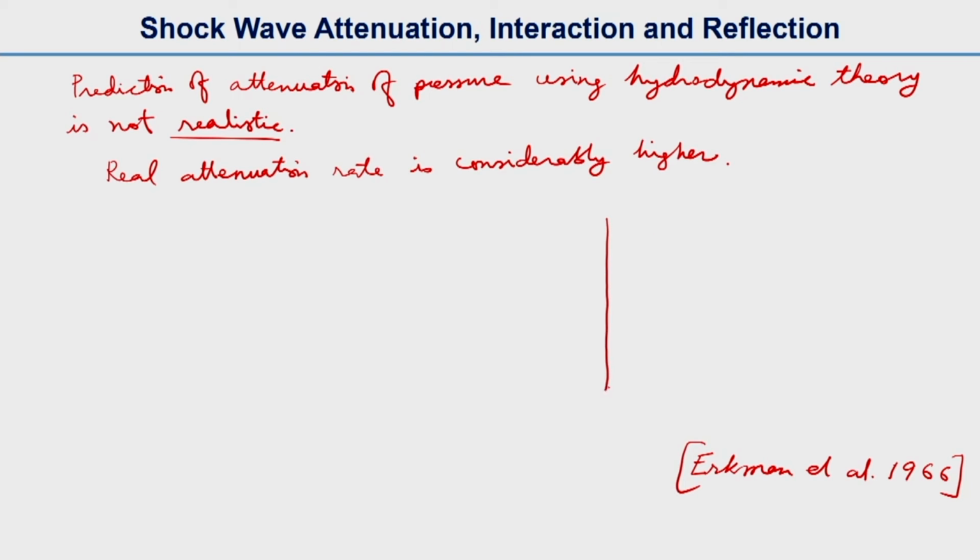He showed that if we plot particle velocity UP versus the ratio R, target thickness by projectile thickness, that is the flyer plate thickness, then with hydrodynamic theory the peak pressure will be maintained for a long distance, around 16 for the target thickness by projectile thickness, and then it will decay down like this.